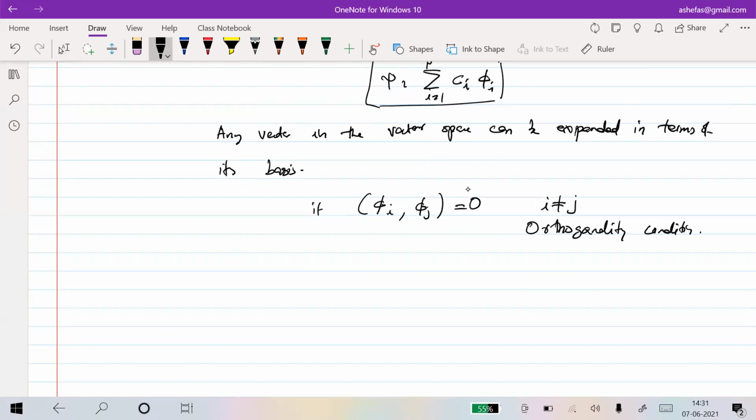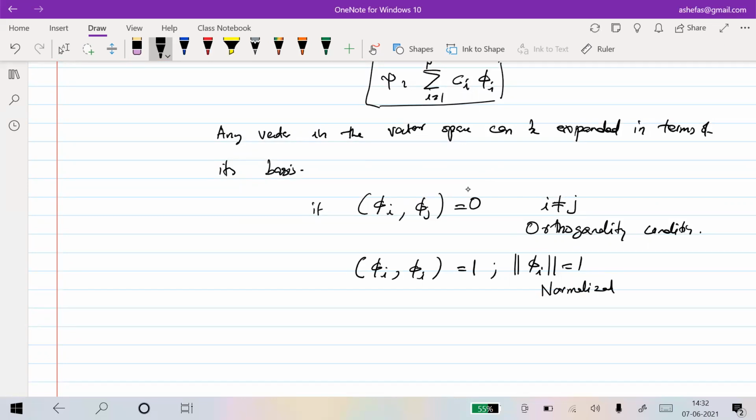If the inner product between any two basis vectors is 0, then that basis is orthogonal. And if the norm of phi i equals 1, then it is a normalized vector. So the basis is normalized.